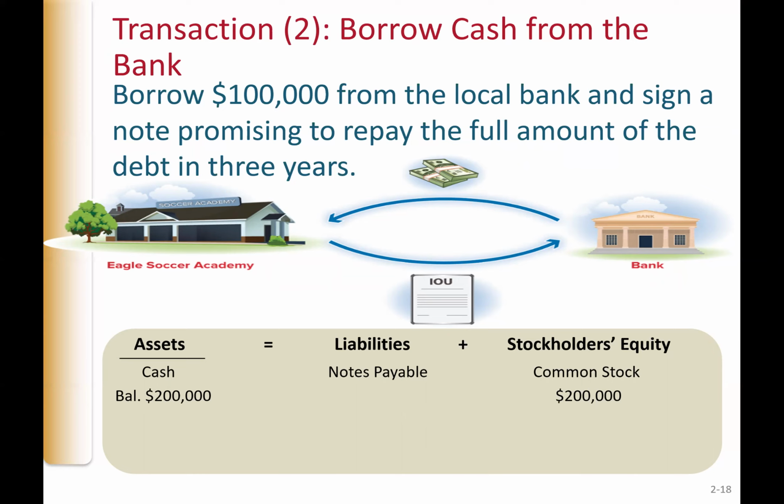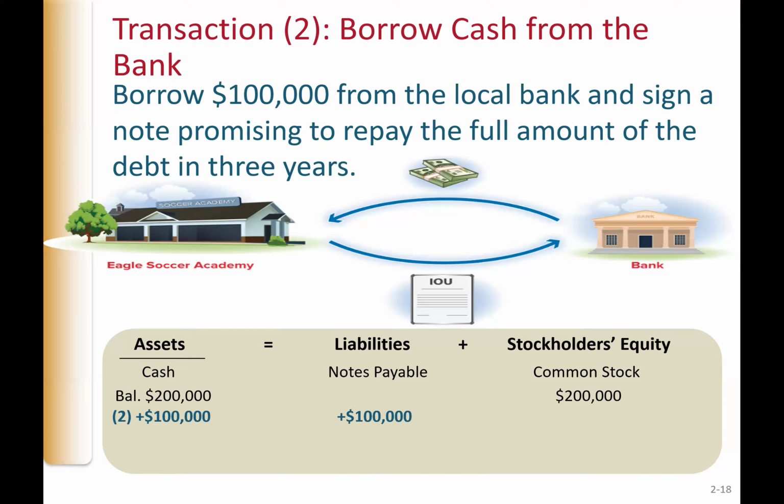Can someone give me an idea of what they think, what account was affected? Would it be liabilities and assets? Right. Yeah. Correct. Our asset increased 100,000 because we received 100,000 from the bank.